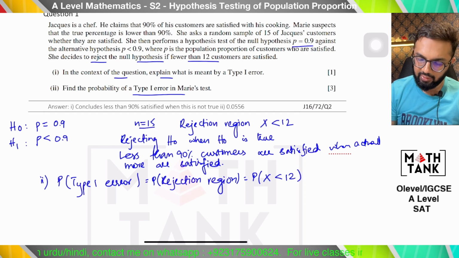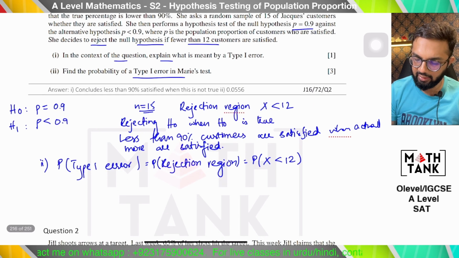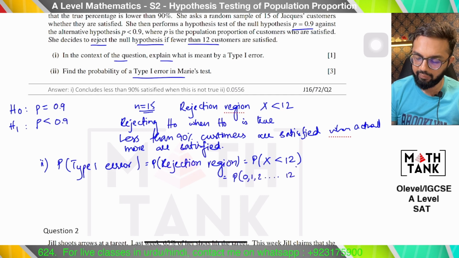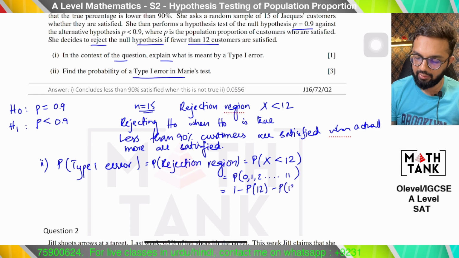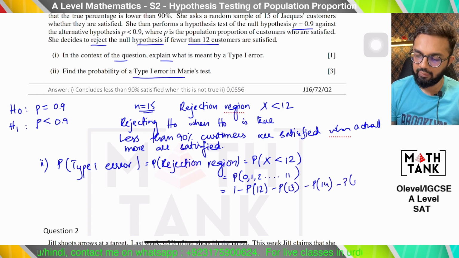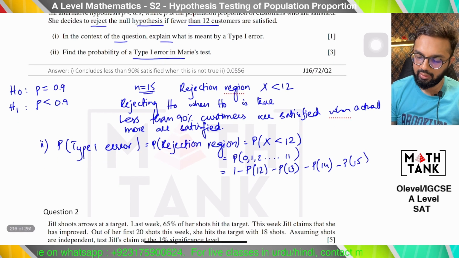Since I've asked 15, I can say I wanted probabilities from 0, 1, 2 up till 11. So I can just do 1 minus the probability of 12, 13, 14, and 15.